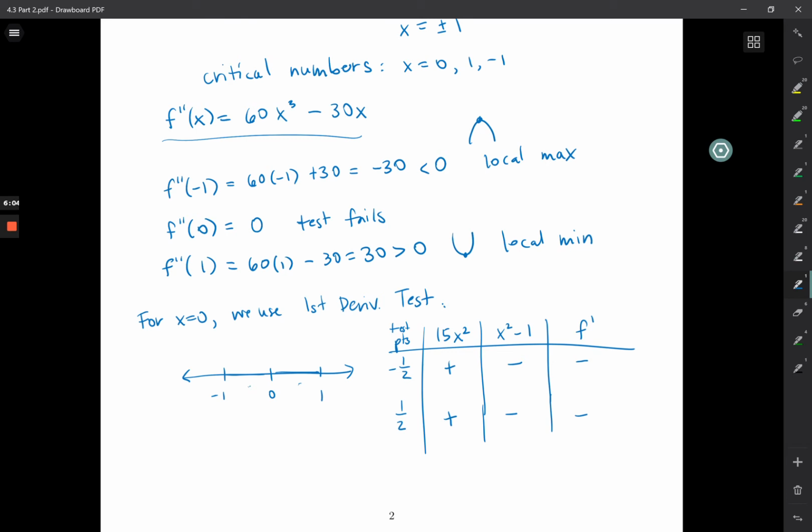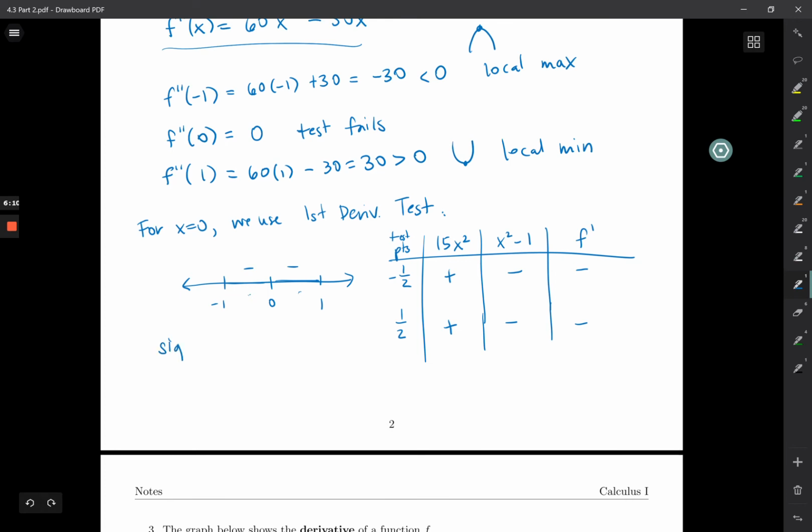Putting that on our number line, we see that the sign does not change. So this is f prime. The sign of f prime does not change at 0, so not a local max or min.